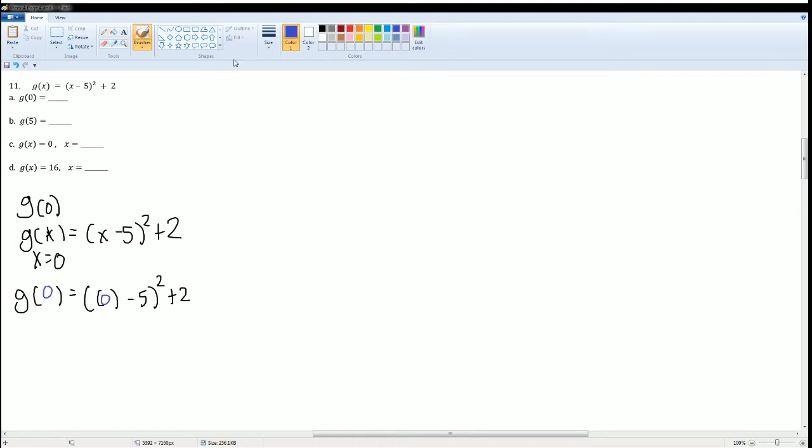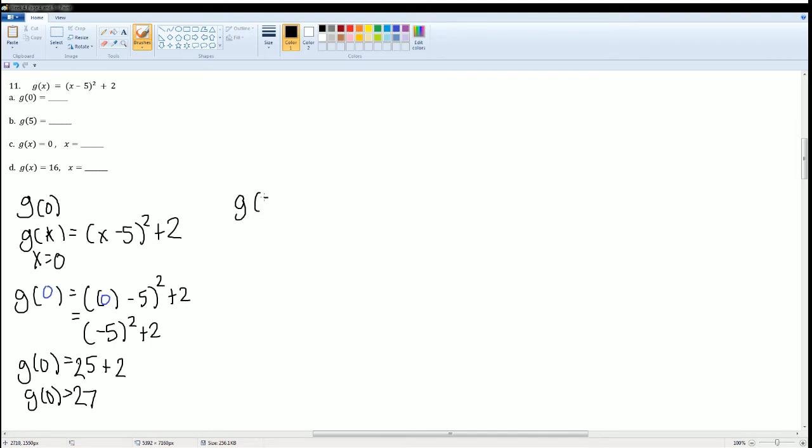So what does that get me? 0 minus 5 is just negative 5, squared, plus 2. So G of 0 is equal to negative 5 squared, which is 25, plus 2. So G of 0 is equal to 27.